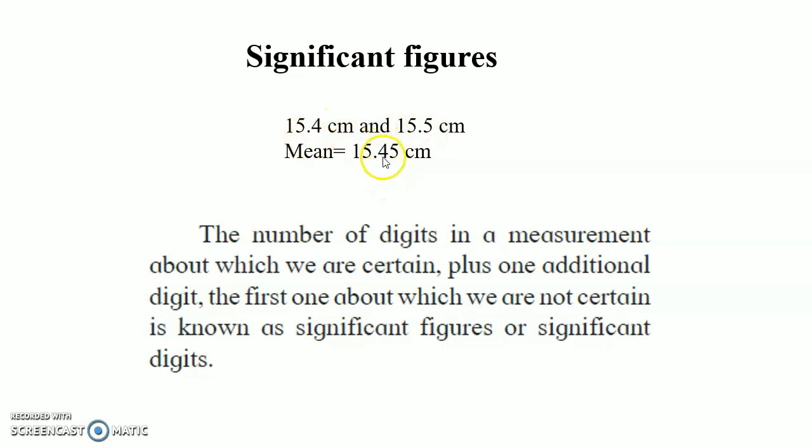But we will be taking this 4 because it is the first not certain digit. So over here there are three significant figures. So significant figures are defined as the number of digits in a measurement about which we are certain, plus one additional digit, the first one about which we are not certain.